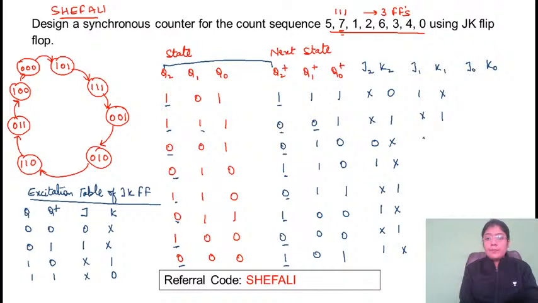And then we have 1, don't care, 0, don't care, 0, don't care, 1, 0, don't care, and 0, don't care. Similarly, write for J0, K0. Done.